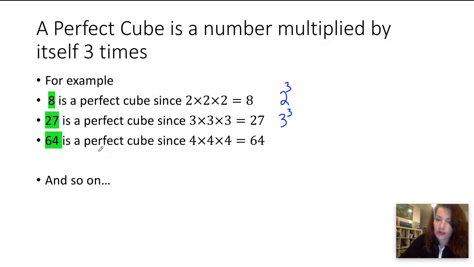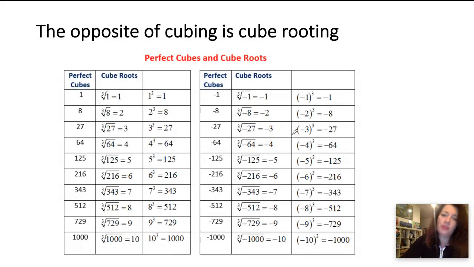And 64 is a perfect cube since we can write it as 4 times 4 times 4, which is 64, and so on. Now, the same way we can find the opposite of squaring, we can find the opposite of cubing. So if you take a look here, and we can go on with all the numbers, I have all my perfect cubes listed here. Okay, and I obtained those by cubing 1, by cubing 2, by cubing 3, and so on.